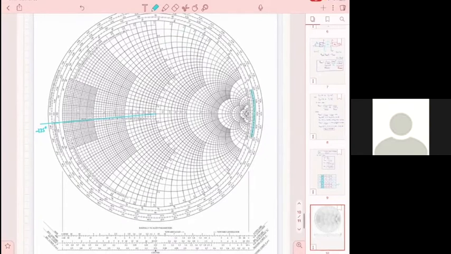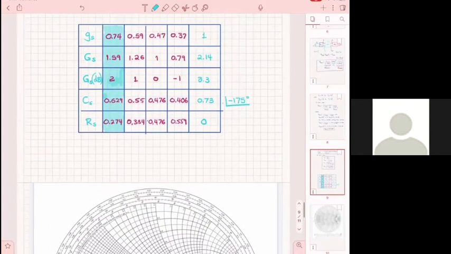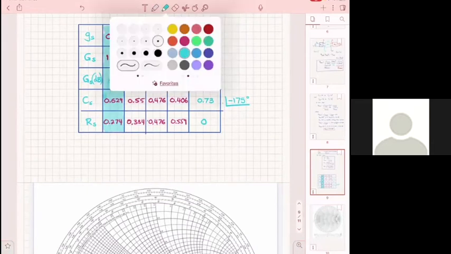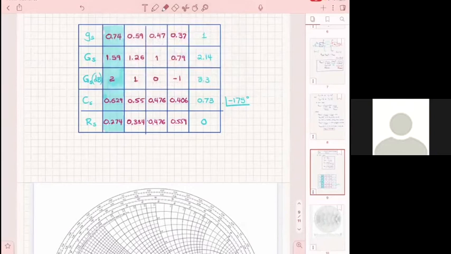Now all of the centers, the line here, I will put here. All of these centers are on the same line, which corresponds to minus 175, okay? But I'm going to do only one, the 2 dB.